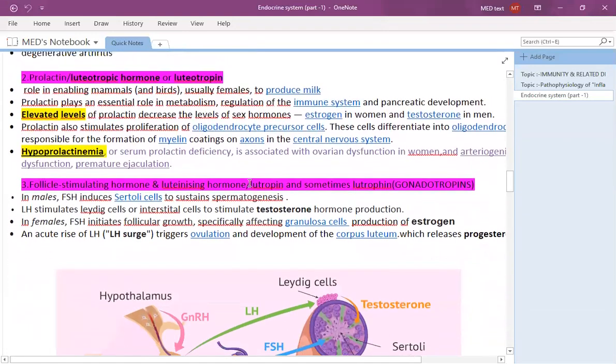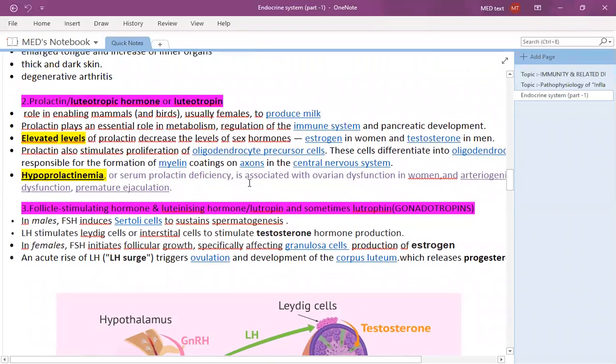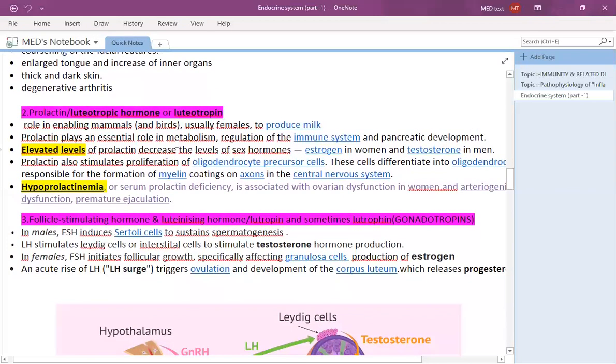The next hormone I'm going to talk about in this video is prolactin. It's also called as luteotropic hormone. Its role is enabling mammals and birds, usually females, to produce milk. So milk production is the main feature of this hormone.